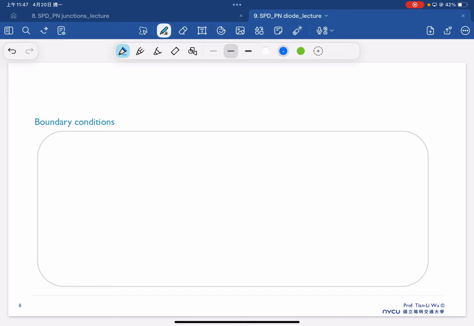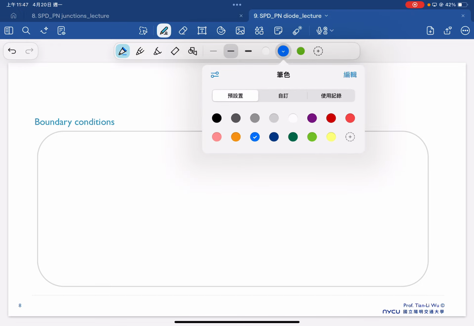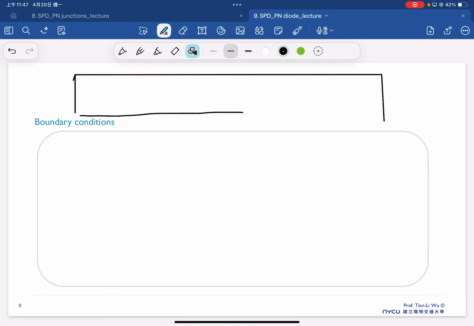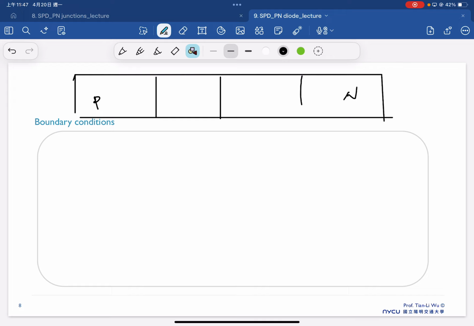So again, we consider a PN junction, in which we have a P, we have an N here, and in the middle we have the junction interface, and also the space charge width, the depletion width boundary.